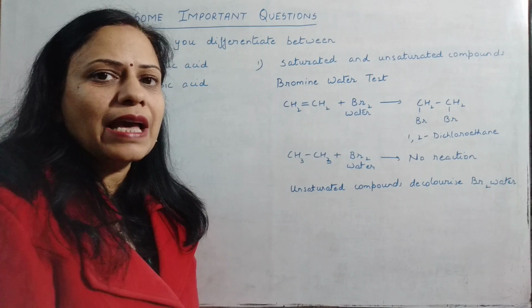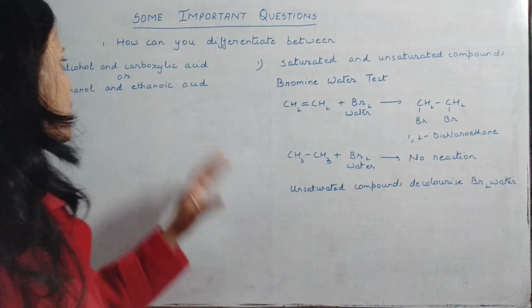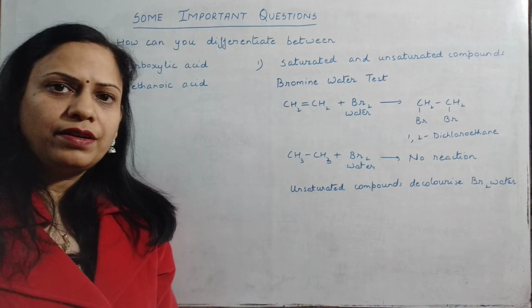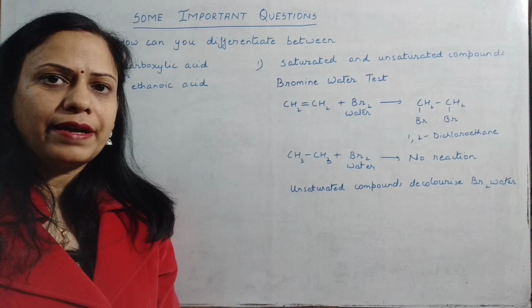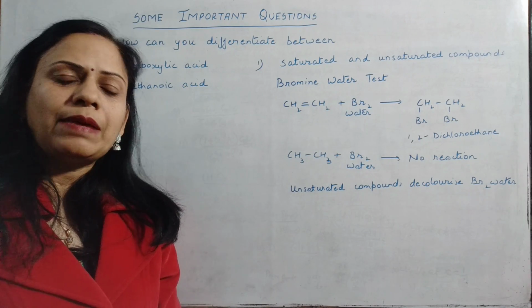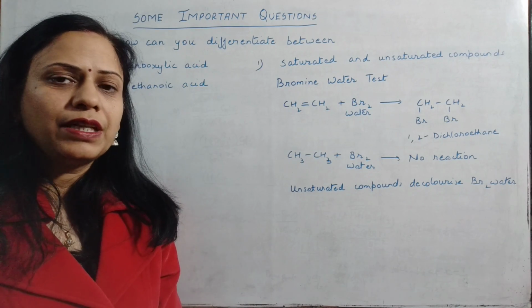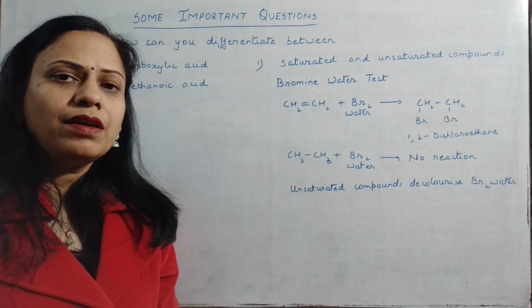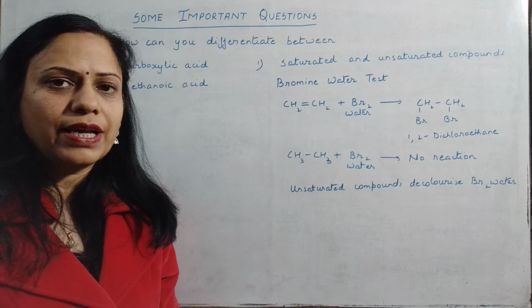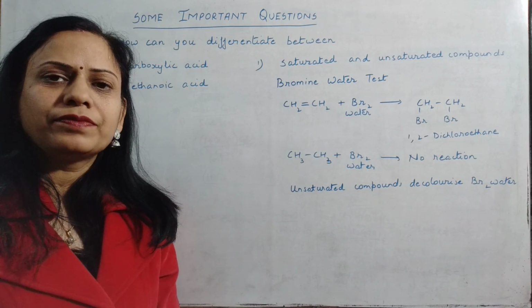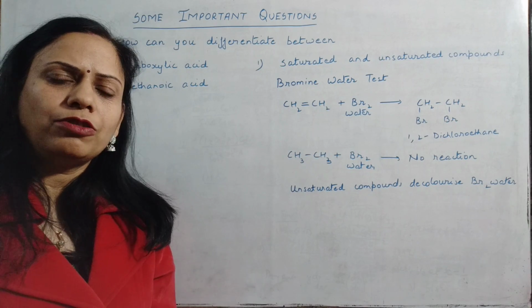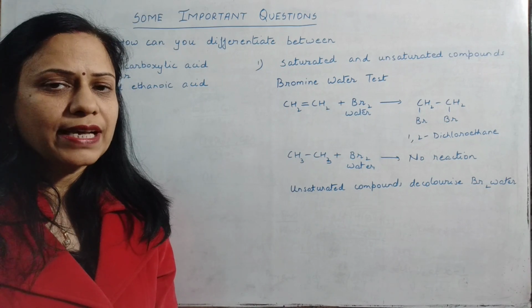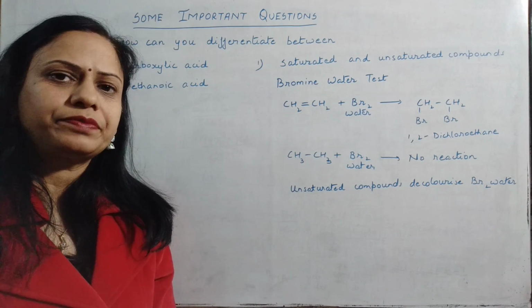The second question that I am going to take up is, how can you differentiate between an alcohol and a carboxylic acid? The same question can be asked in another way, like how can you differentiate between ethanol and ethanoic acid? In either way, the answer remains the same, because ethanol is an alcohol and ethanoic acid is a carboxylic acid.